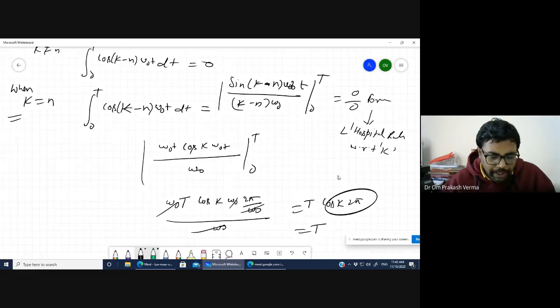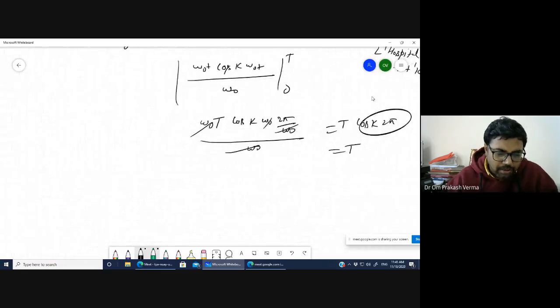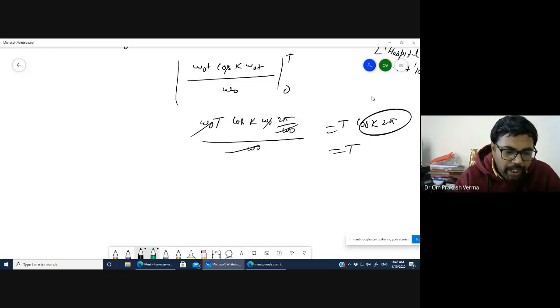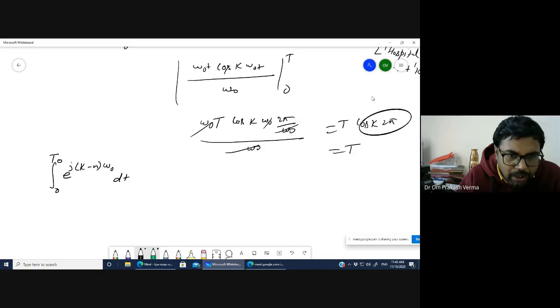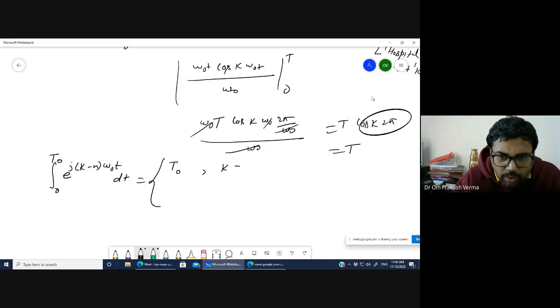So for one period, when you integrate from 0 to T or 0 to T naught, both are the same. When you integrate e to the power j(k minus n) omega naught t dt, then you will get T naught when k is equal to n, and you get 0 when k is not equal to n.